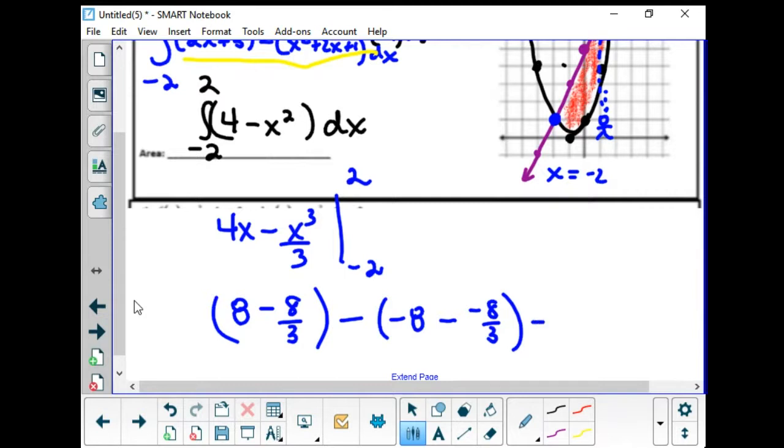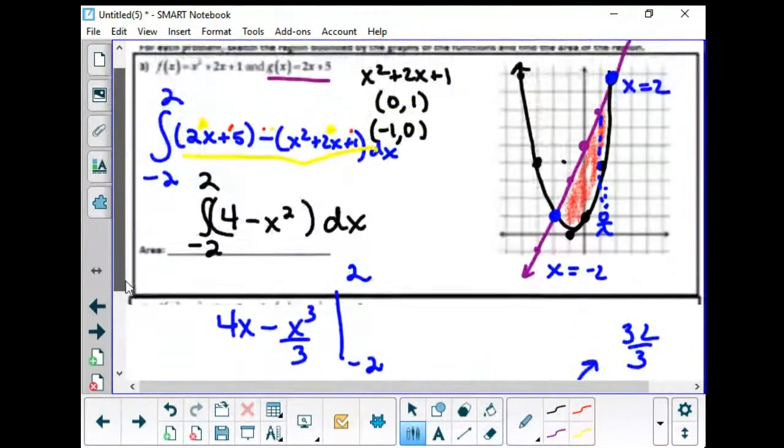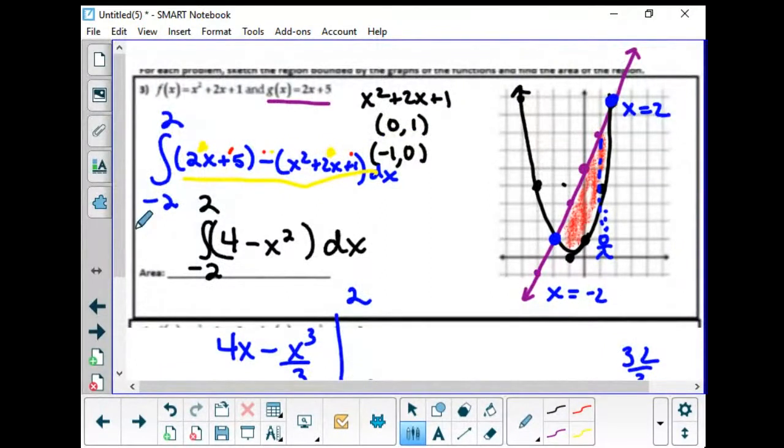And so this ends up being 10 and 2/3, or 32/3. All right, so like I said, we're building up our scale of difficulty.